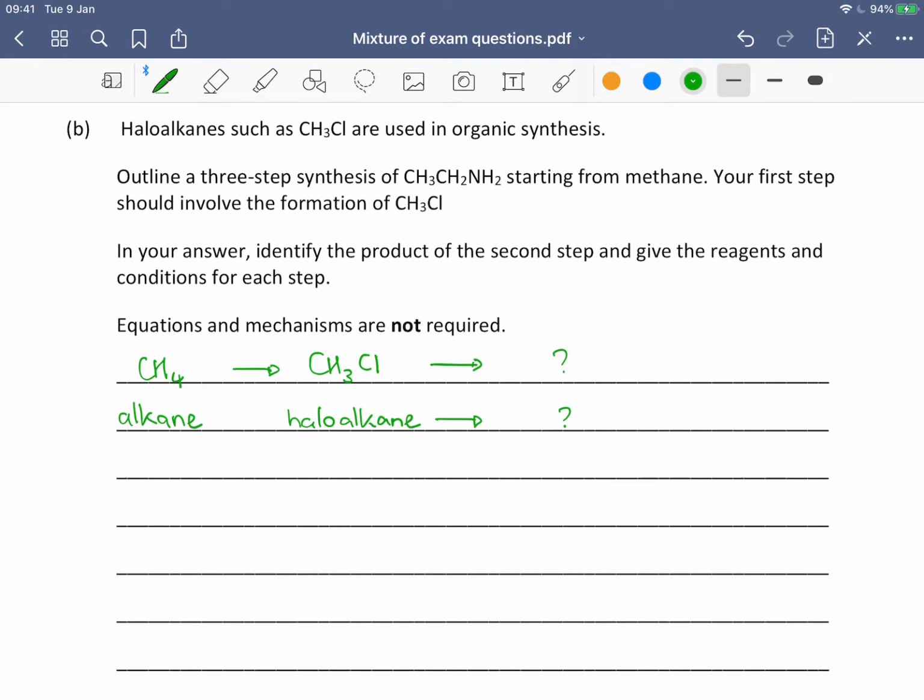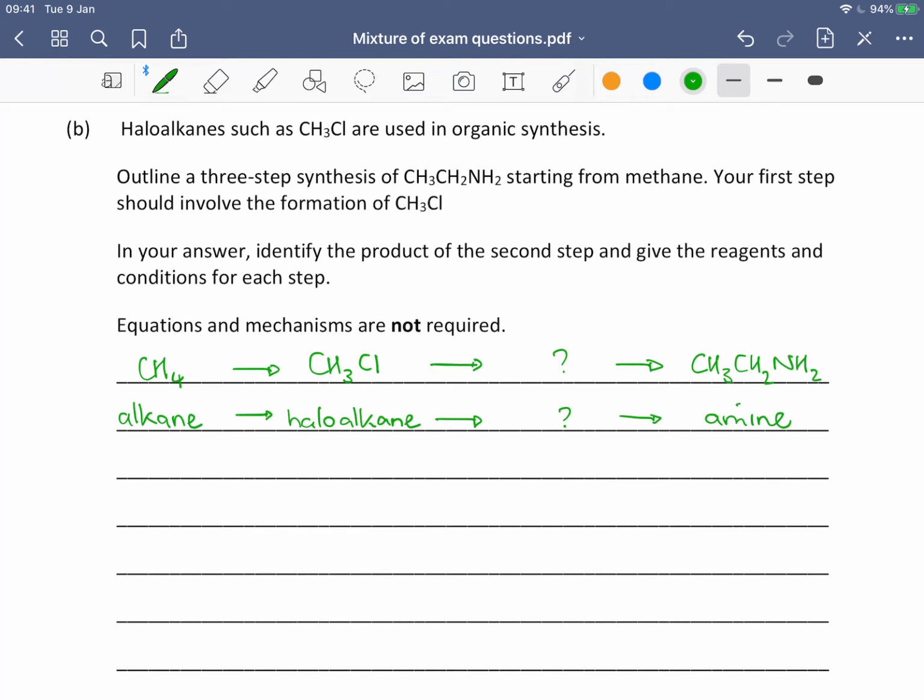And then the third step, the final step, results in our final product, our ethylamine. Okay, so that's the information that they've given us, just presented, I think, in a way that makes it much easier for us to think it through.